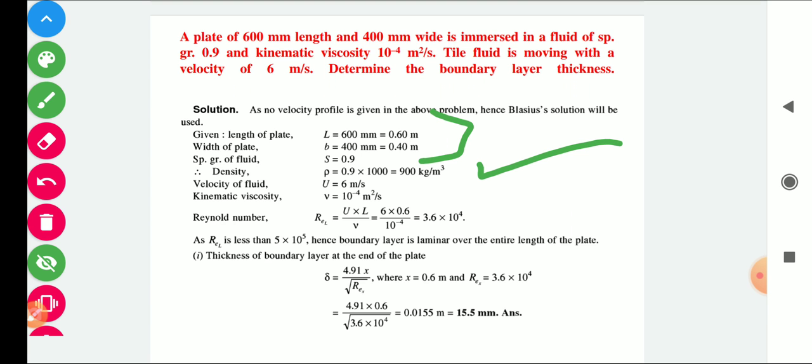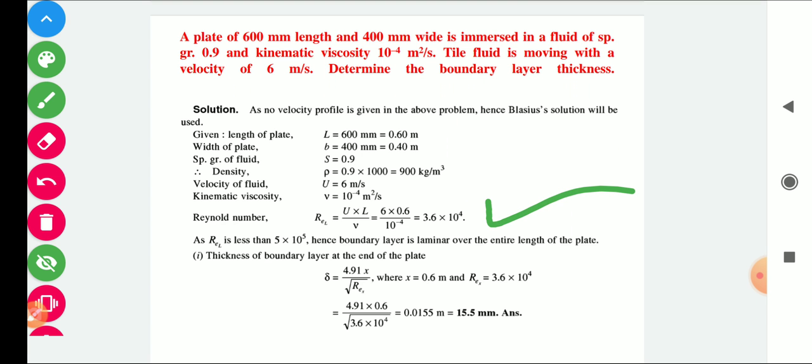The final density will be 900 kg per meter cube, and the velocity of the fluid is again given as 6 meter per second, and the kinematic viscosity is given as 10 to the power minus 4 meter square per second. With the help of kinematic viscosity, velocity and characteristic length, calculate the value of Reynolds number. This value of Reynolds number is 3.6 into 10 to the power 4.